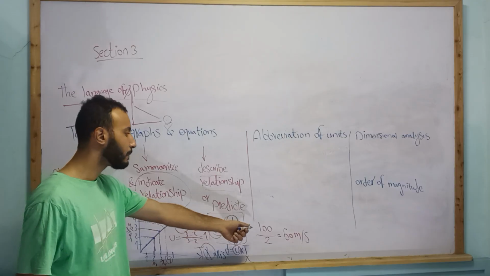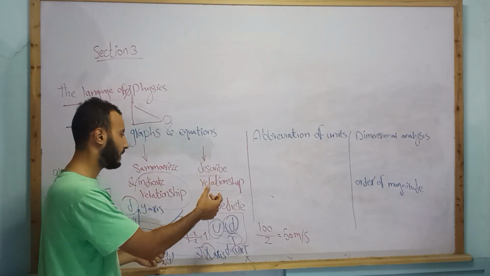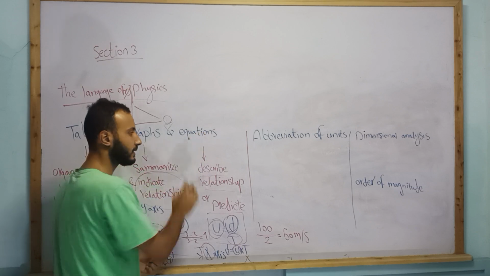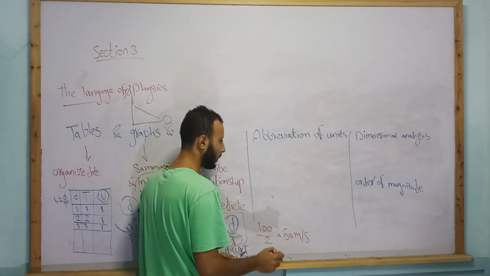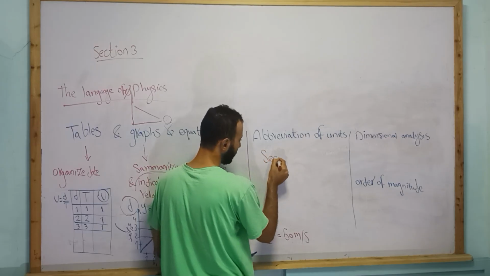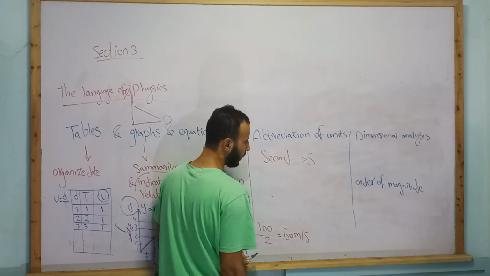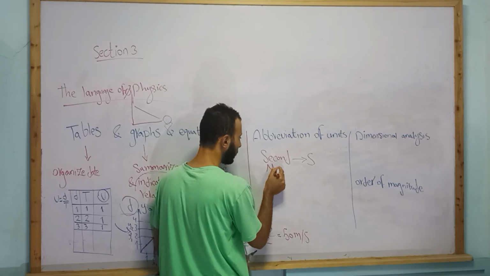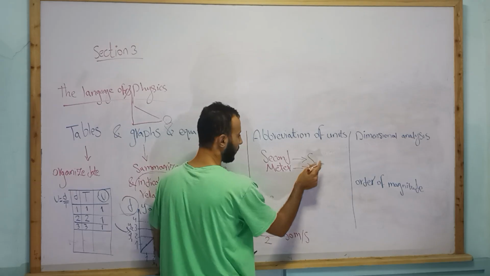This measurement is not in the table, but we can predict it, or get it, by the equations. Then we get the abbreviation of units. Don't write second, you can write only s. Don't write meter, you can write only m. Like this.